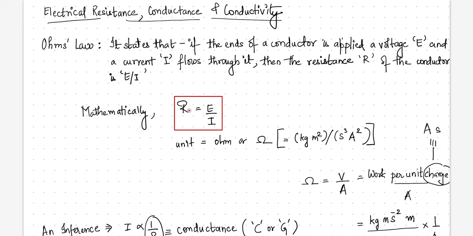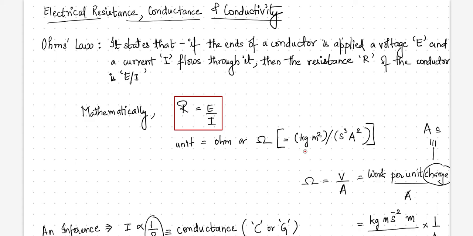Now if you talk about the unit, because voltage is measured in volts and I is in ampere, resistance is a quantity whose unit we write as ohm, and it's symbolized by this particular symbol.